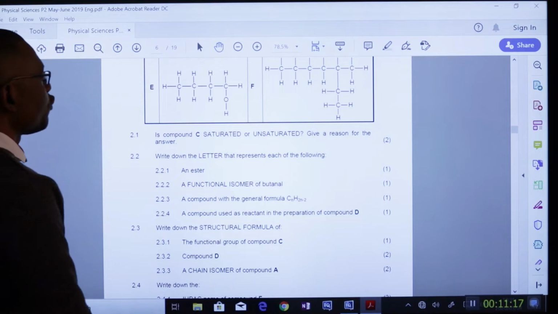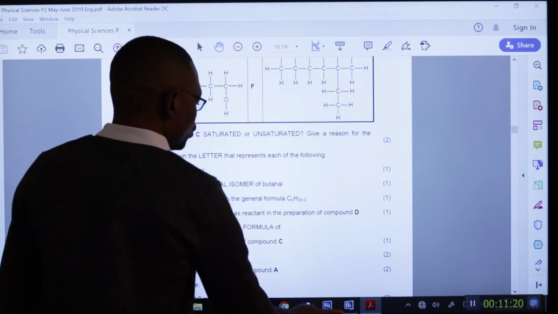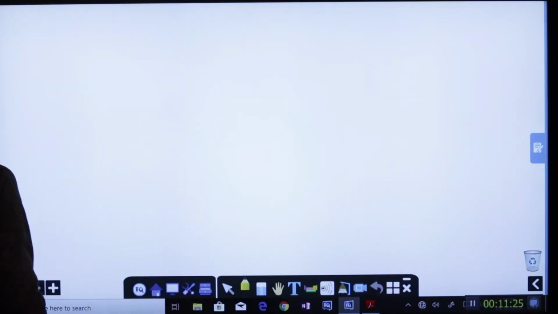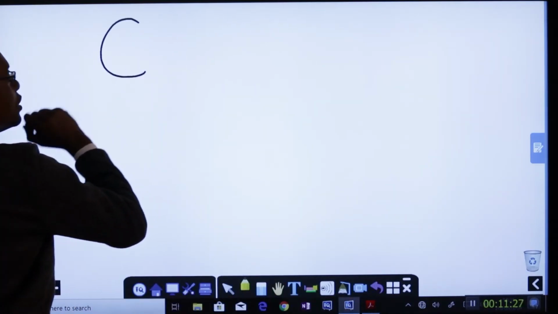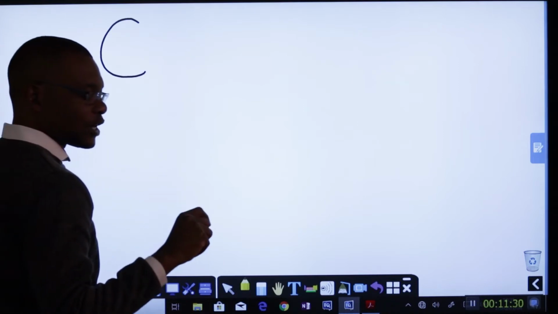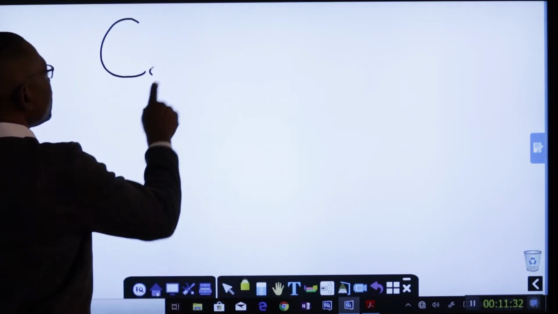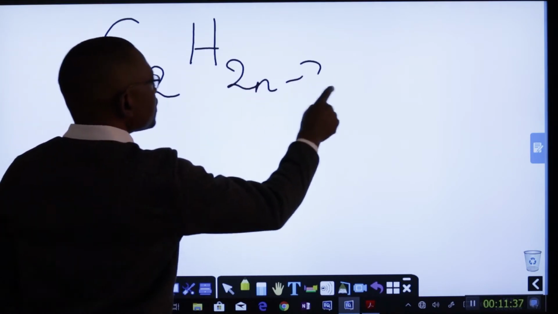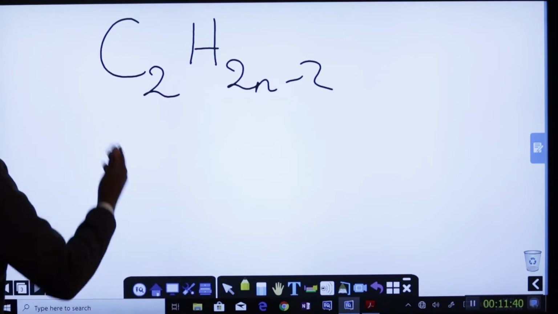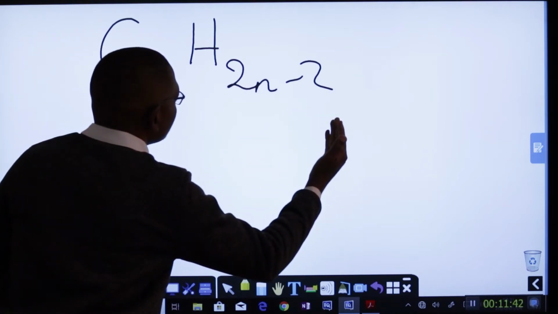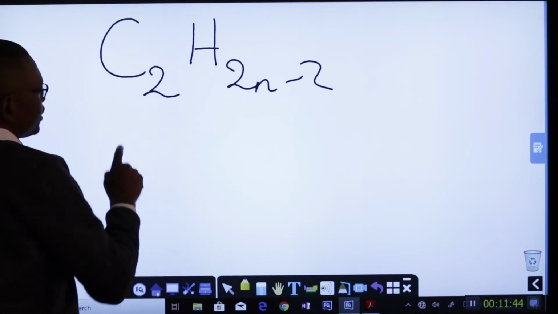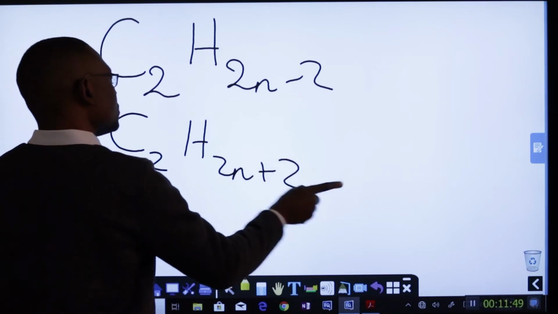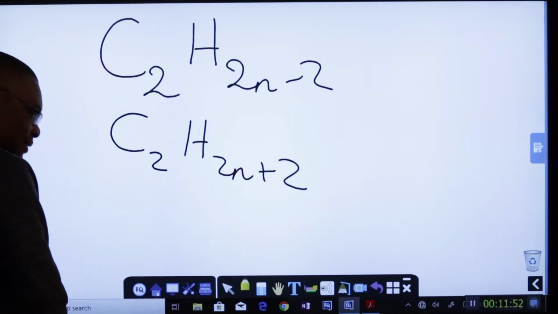A compound with the general formula CnH2n-2. If you remember in one of our sessions, we agreed that these homologous general formulas tell us which group of materials this is. When we started, we talked about CnH2n+2, and we say this is for alkanes.